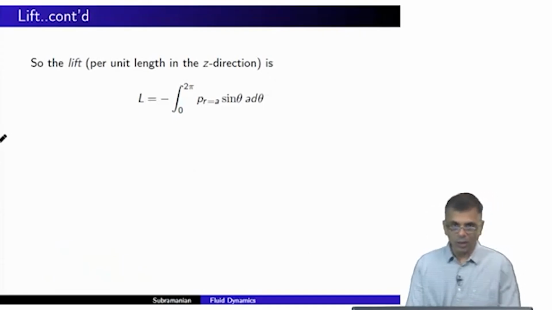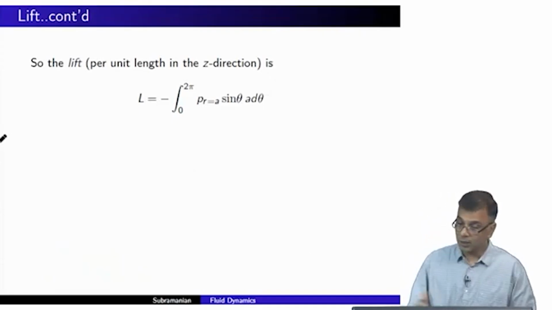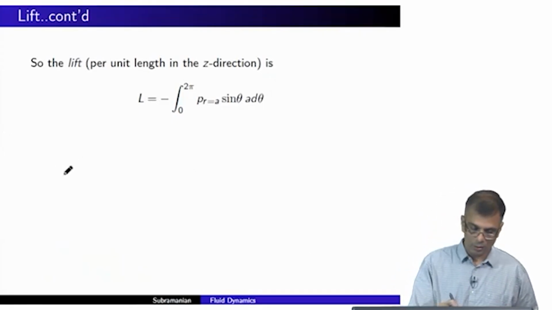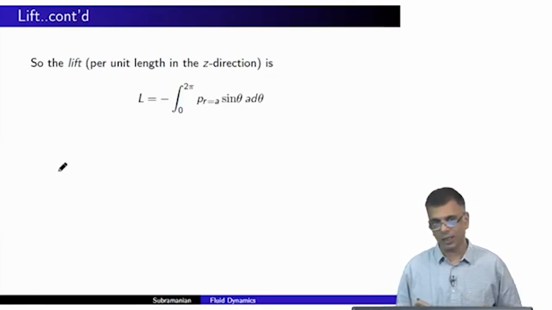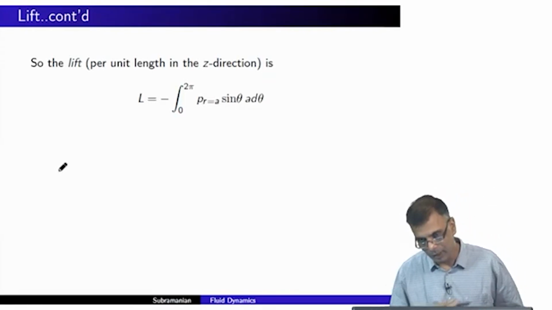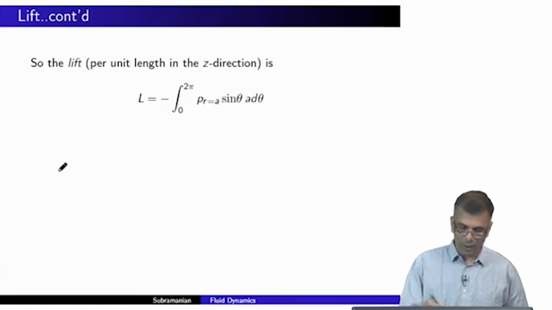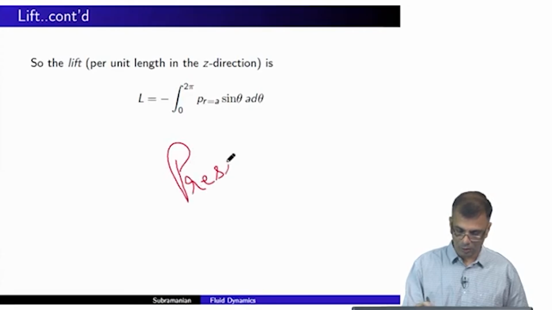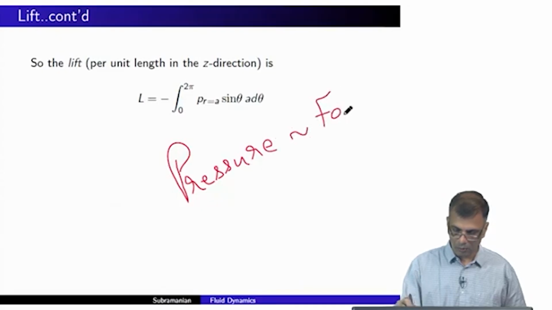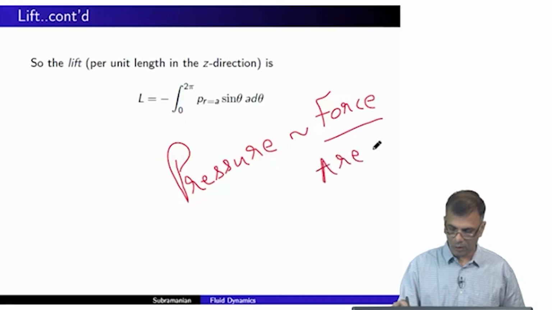So what are the dimensions of pressure? All we have is a pressure, and you take the gradient of that pressure and you get the force. But the other way to look at it is that the dimensions of pressure, as we know, are force per unit area.